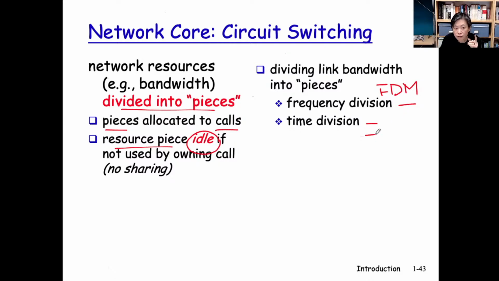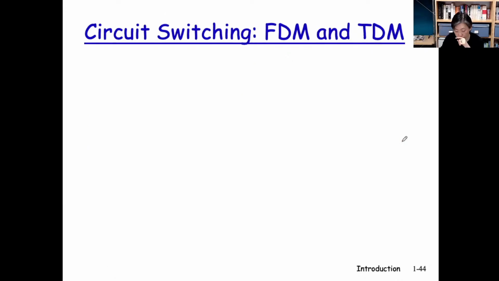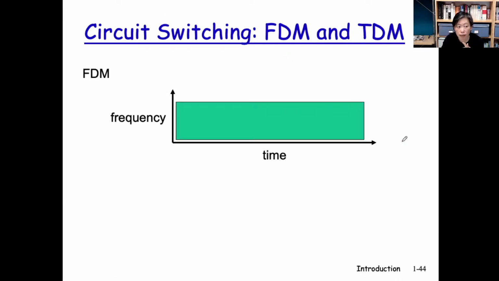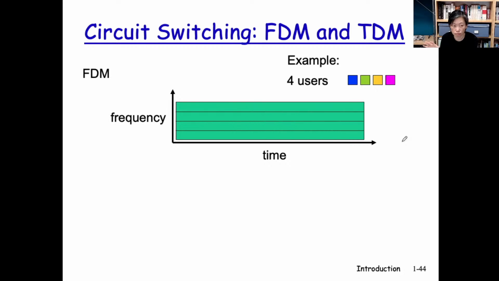Time division is a very different flavor. It divides the link by time. Let me illustrate. The example on the top is doing FDM, where we divide the entire frequency band into 4 equal parts for 4 users. So, full frequency band, 1/4 to the blue user, 1/4 to the green user, to the yellow user, and the pink user.